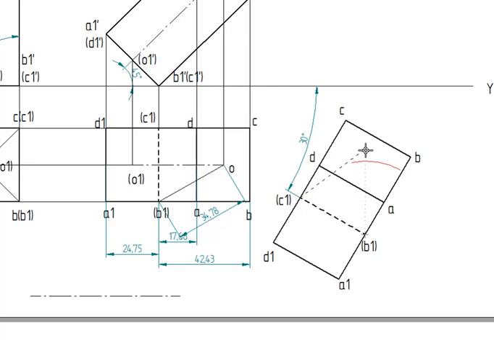Now I'll take the distance from B1 to O1. So this distance is 21.43. I'll go for arc by center point. I'll move to this point, radius, I'll take it correspondingly.